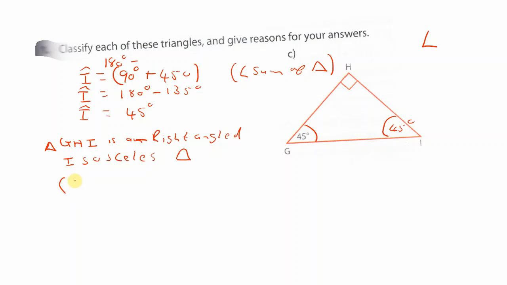Reasons being angle H equals 90 degrees, that's the right angled portion, and then also we know angle G is equal to angle I. That is the isosceles portion of the reasoning.